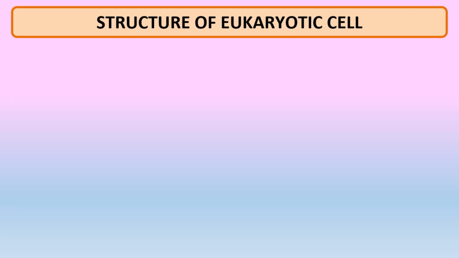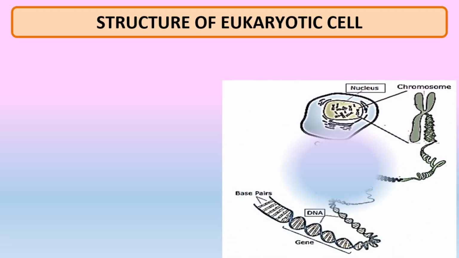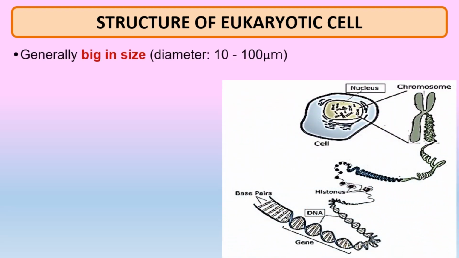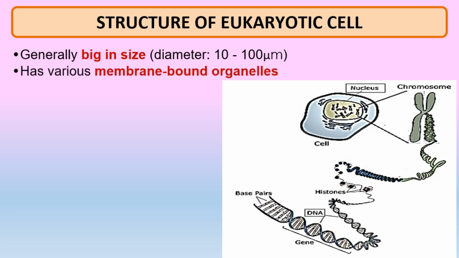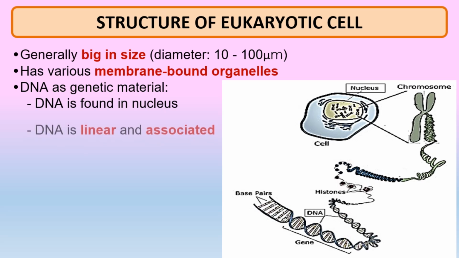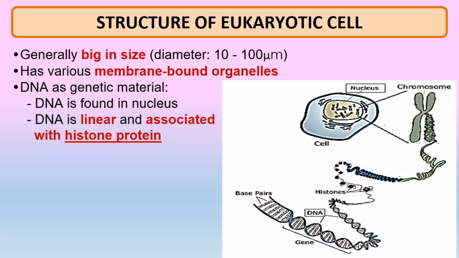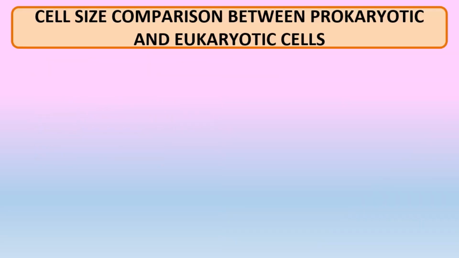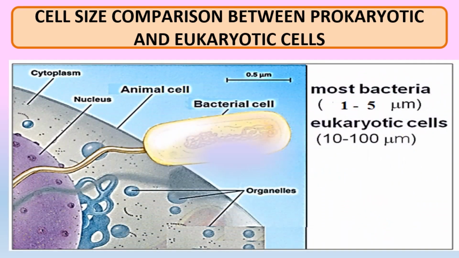Structure of eukaryotic cell: the first one is generally big in size, has various membrane-bound organelles, and DNA as genetic material. For cell size comparison, a prokaryotic cell is smaller in size compared to a eukaryotic cell, which is larger in size.